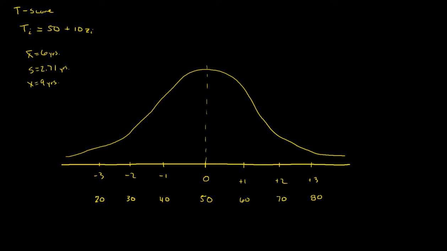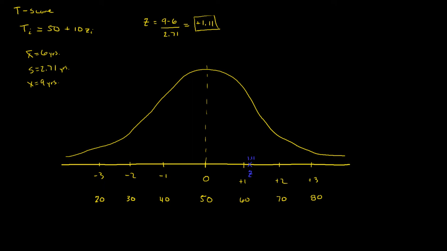So my z-score from my 9 years of employment was equal to 9 minus 6 divided by 2.71. This is all in years, which gives me my unitless z-score of positive 1.11. We plot that down here, to the right of 0. Let's call that 1.11. So that's my z.